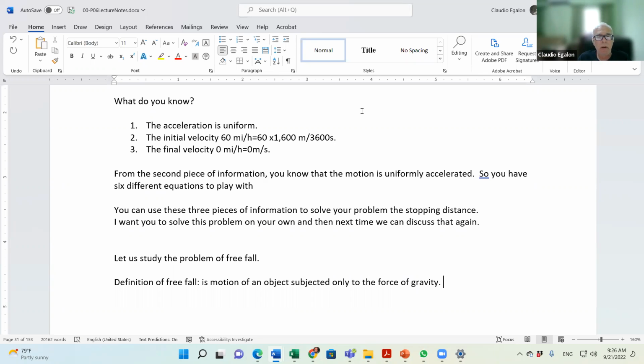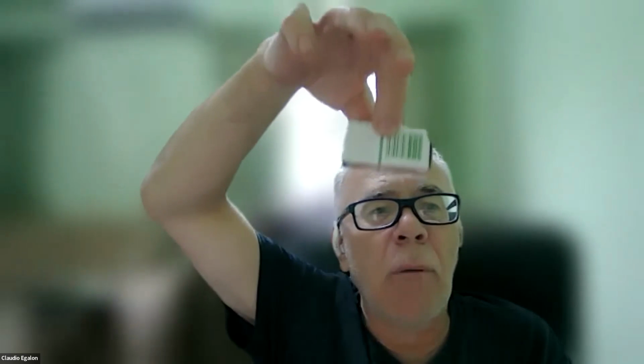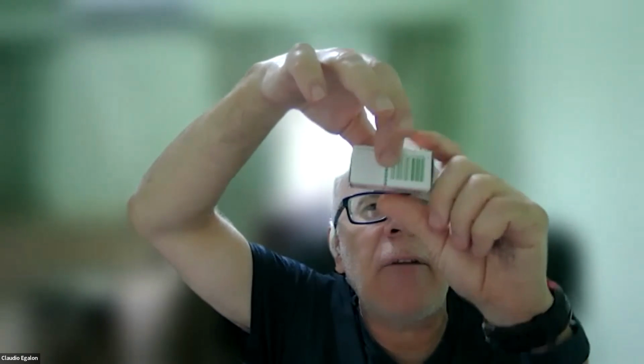So let me stop sharing the screen. Here you go. I'm going to give a real life example. Here's an object in my hand, right? At this very moment, we have two forces applied to this object. One of them is the weight of the object that's pulling it towards the center of the earth. Another force applied to this object is my hand. The force of my fingers is preventing the object from moving downwards.